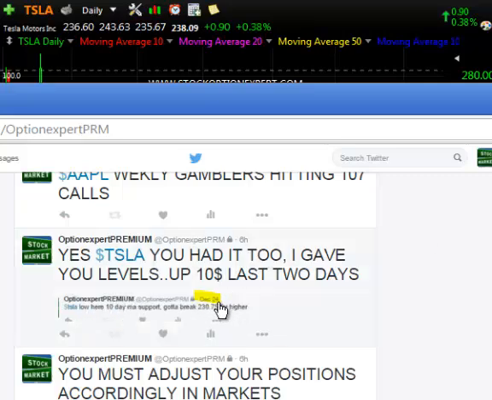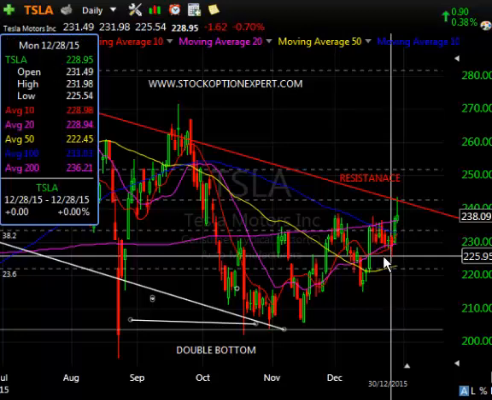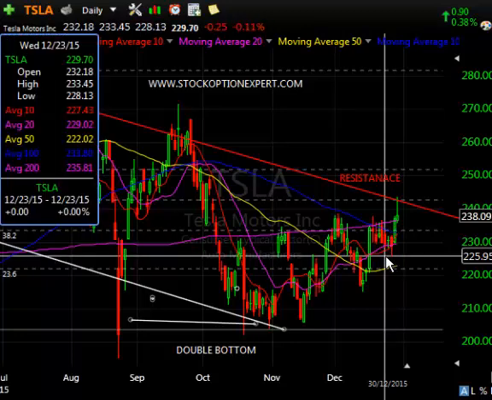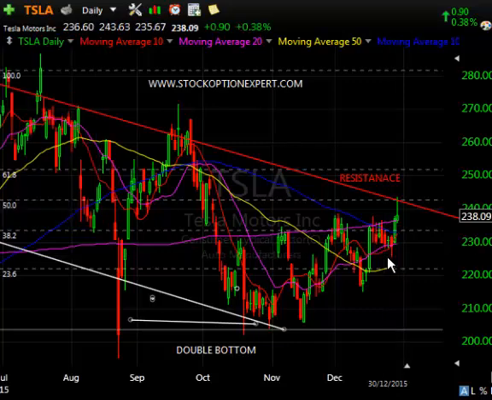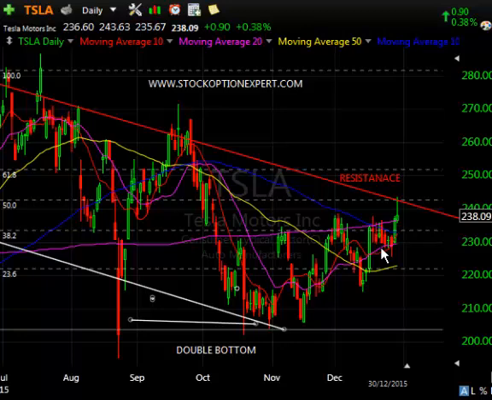On December 24th, we had a bullish call. Tesla was holding 10-day moving average support, and above 230.75 it was going higher. So we had our bullish call right even before, on 24th December. On 24th it was holding 10-day moving average on this day here, right around here.